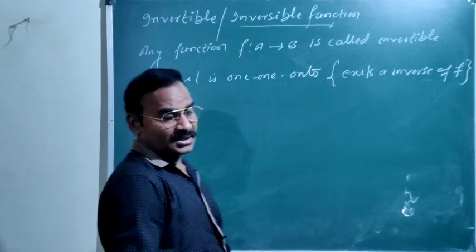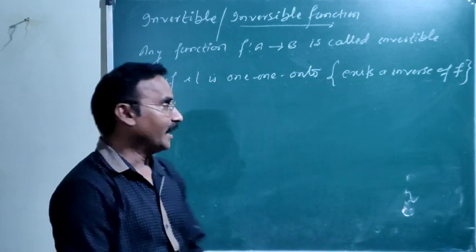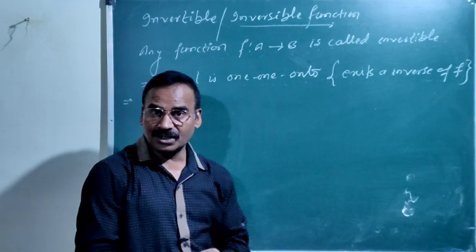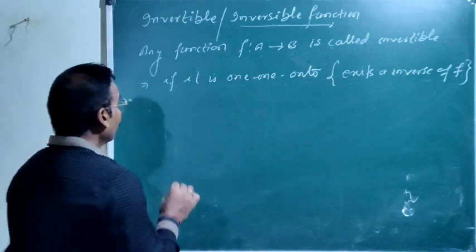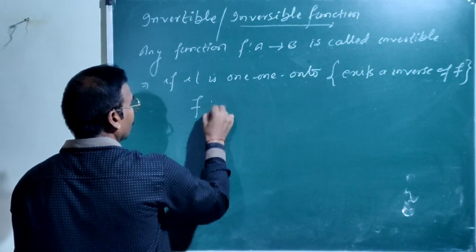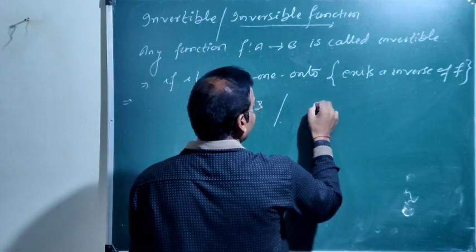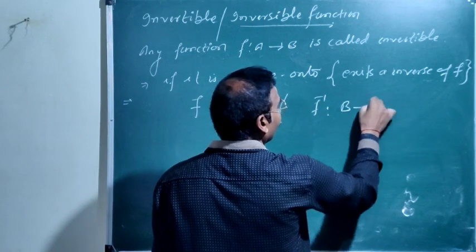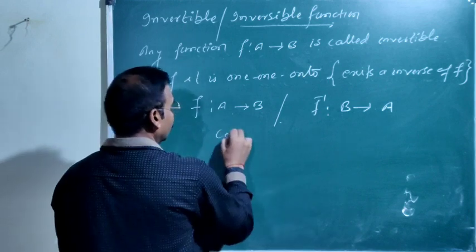Okay, for an invertible function, how will you prove which function is invertible? Now I will discuss the inverse of f from a to b. I have discussed f inverse from b to a, and also I have discussed composition of functions.